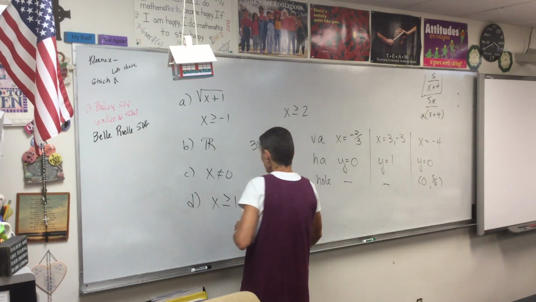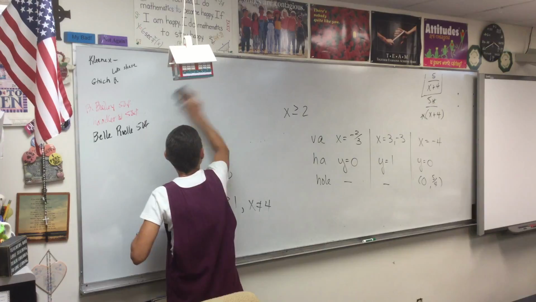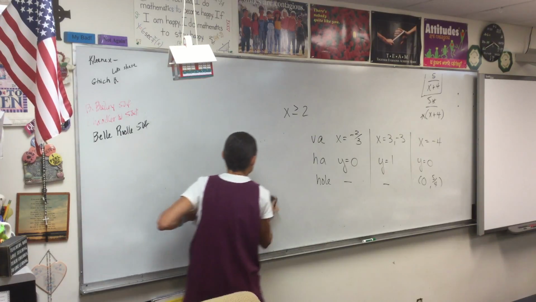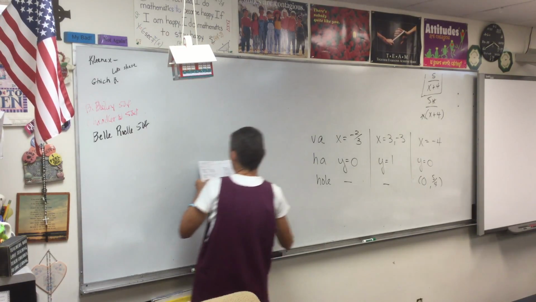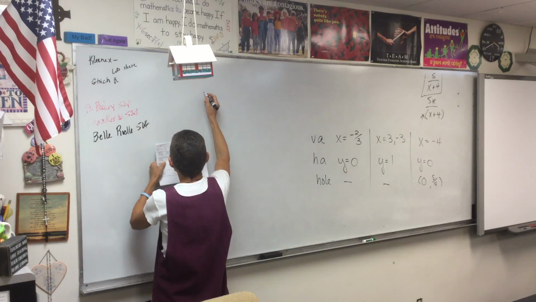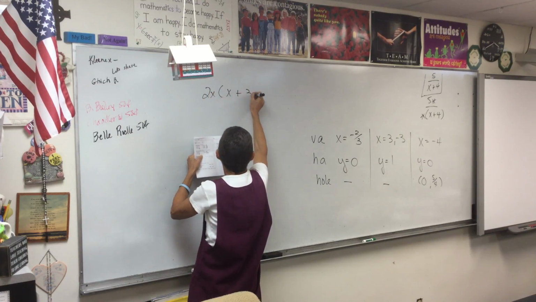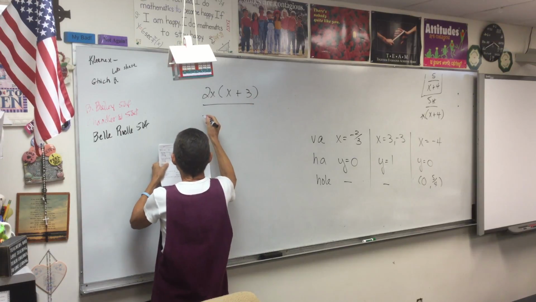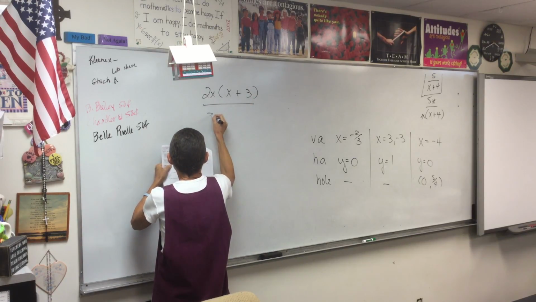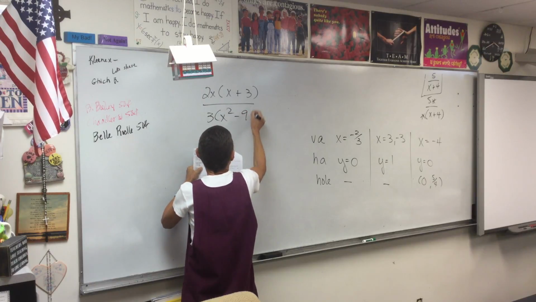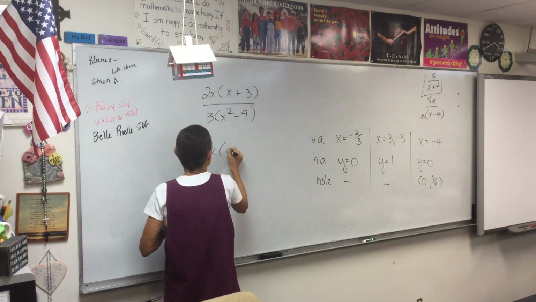And then one more. I'm going to factor as I write it down. Looks like I can take out a 2x. And on the bottom, I can take out a 3. And then factor that some more.